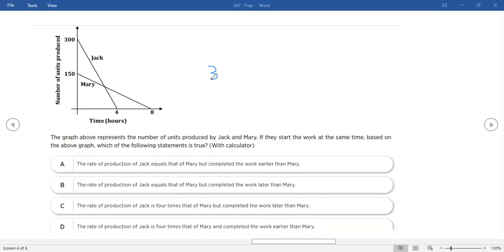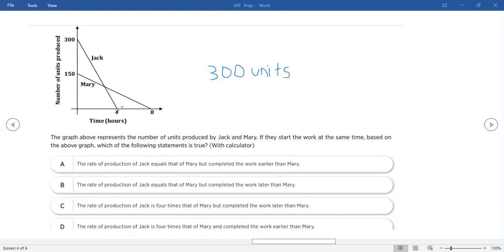Let me write this out here. 300 widgets, units. Okay, we'll just put units. A widget is a fictitious manufactured product, right? But anyway, units.